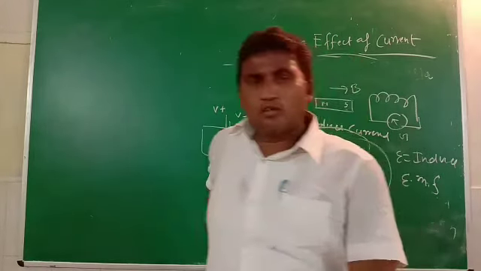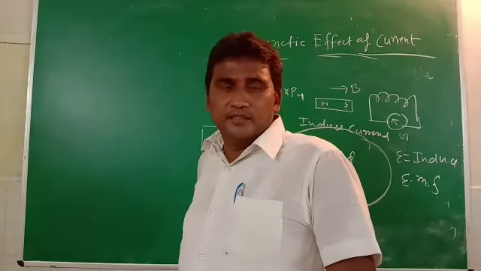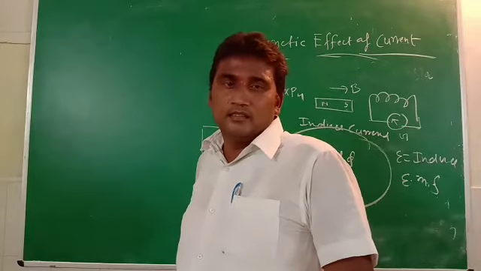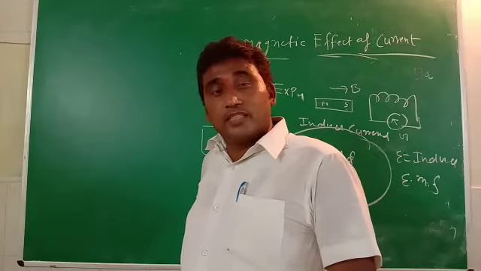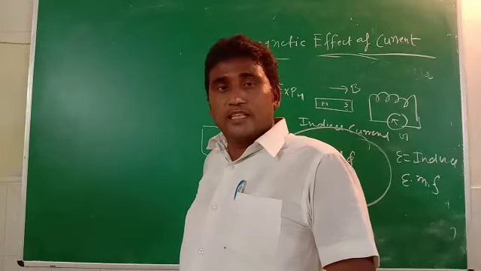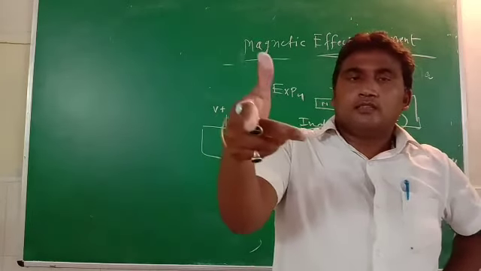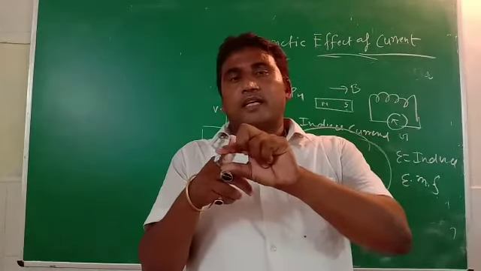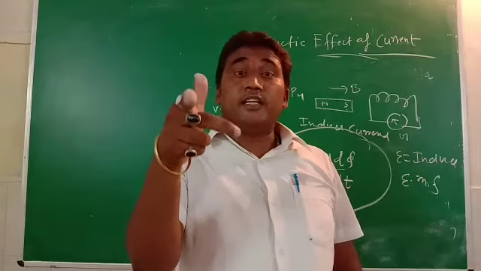Why do I discuss electromagnetic induction or induced current in this topic? Because when we discuss our right hand rule, it differs from our left hand Fleming rule. In the right hand rule, the thumb shows the direction of force, the forefinger shows the direction of magnetic field, but the middle finger shows the induced current.